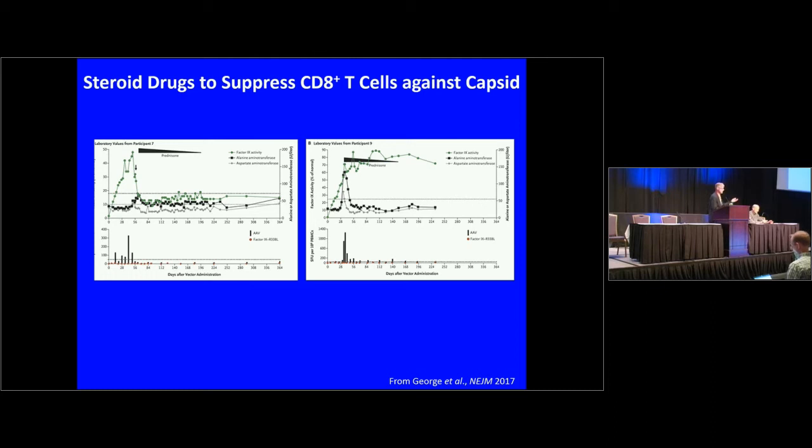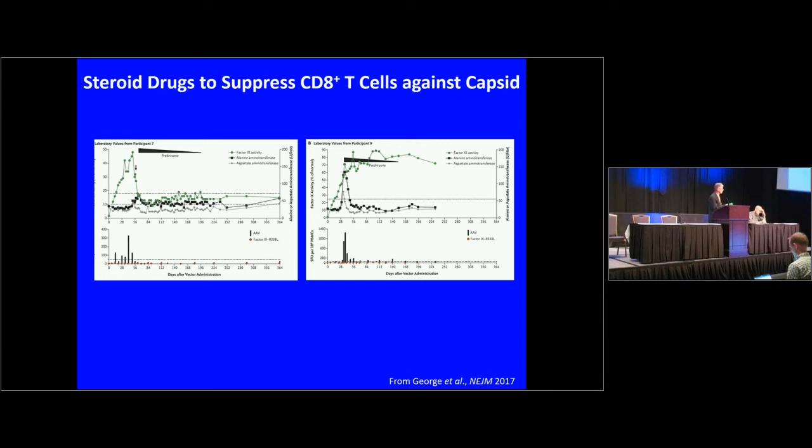I need to tell you that the transaminases, the liver enzyme levels, are basically used here as a biomarker for the response against the liver. So as soon as liver enzymes are rising, you can give this steroid drug, and that suppresses the CD8 cell response, and you can rescue your transgene expression.